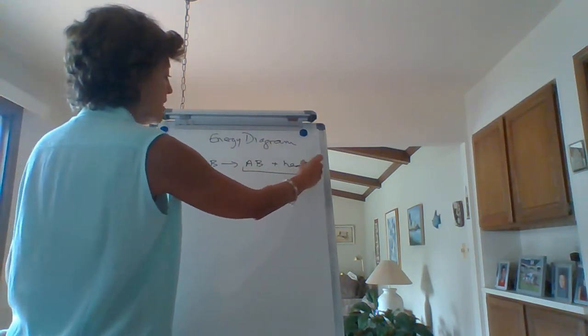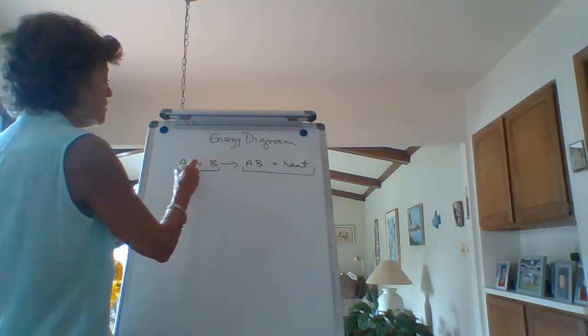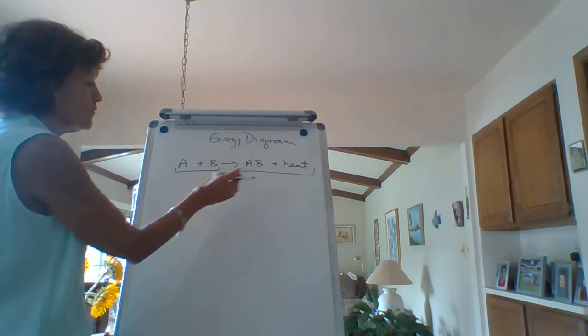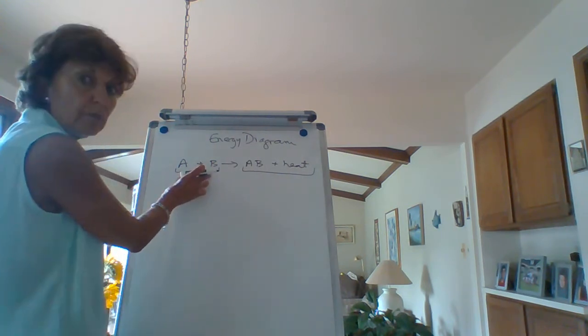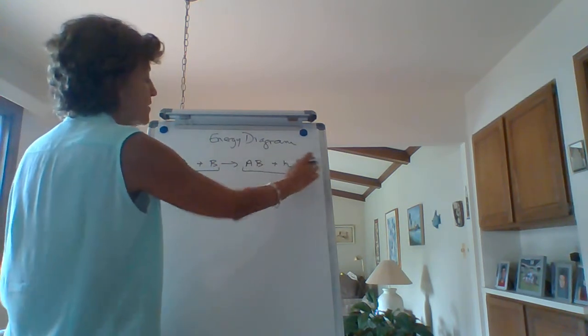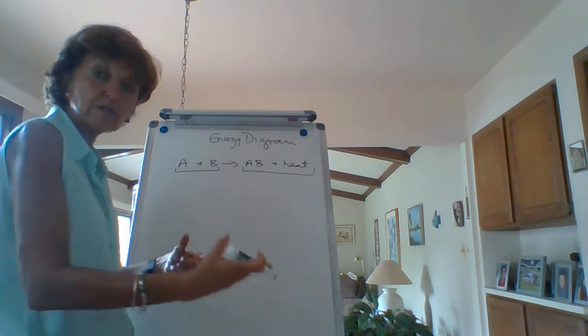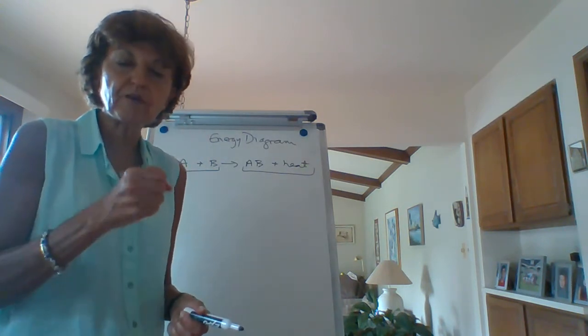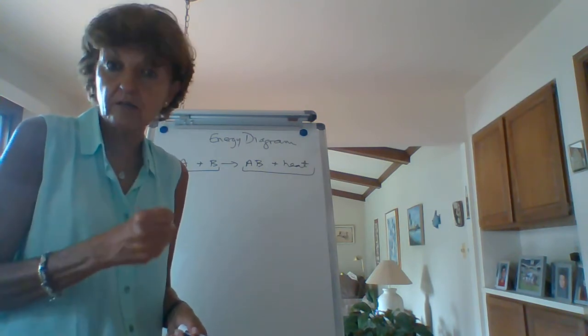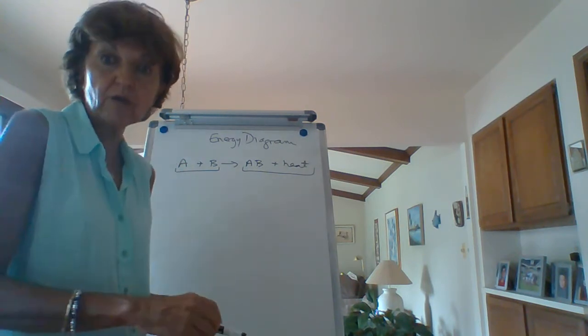All the energy here is equal to the energy in these two. So if you just look at AB by itself, it has less energy than A plus B. Why? Because the rest of the energy goes off to the environment as heat. That's when you're doing a reaction in lab and you feel the test tube and the test tube feels hot. That's an exothermic reaction.